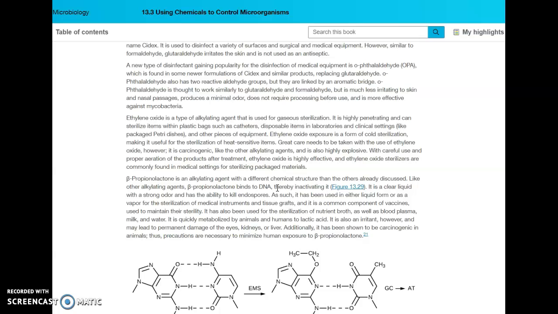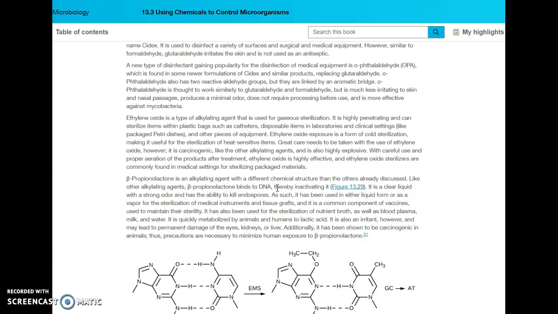Propiolactone is another type of alkylating agent. It can be used in liquid form or as a gas. We see this used in vaccines because it makes the vaccines sterile and prevents any microbial contamination.